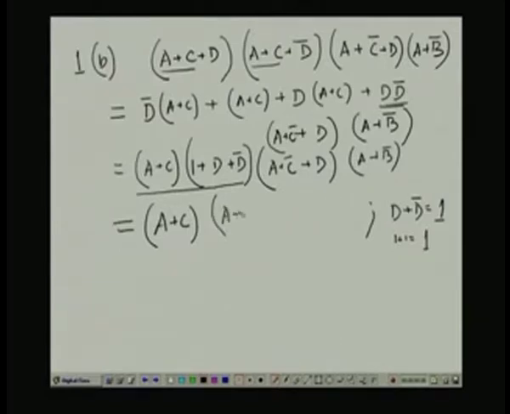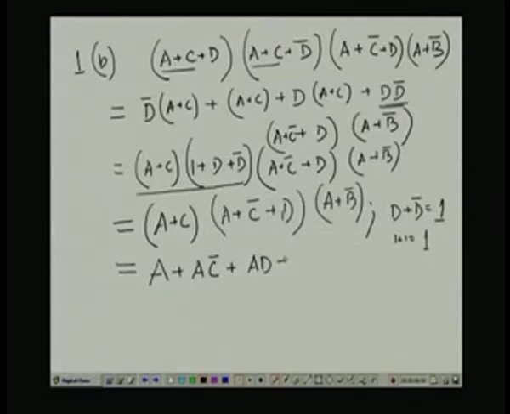Then the remaining terms: A plus C bar plus D into A plus B bar. Now, again if we take the distributive law, then this equation becomes A plus A C bar plus A D plus A C plus C C bar, equal to 0. I write C D as one term, multiplied by A plus B bar.